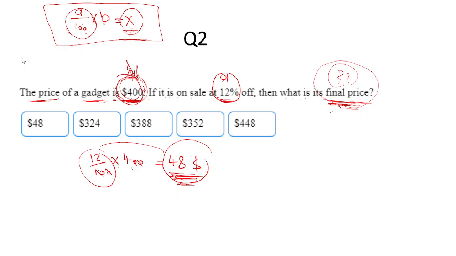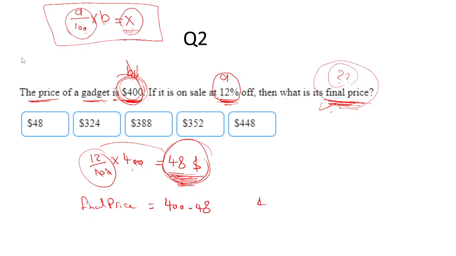To get the final price, I have to subtract the 48 from the 400, so I get the final price after the discount. It means the final price will be 400 minus 48.